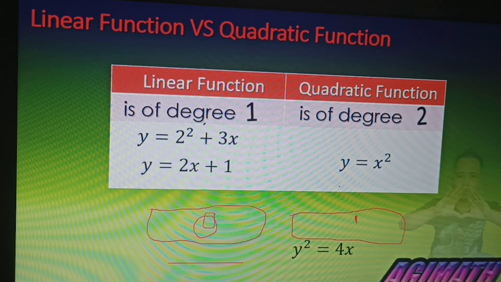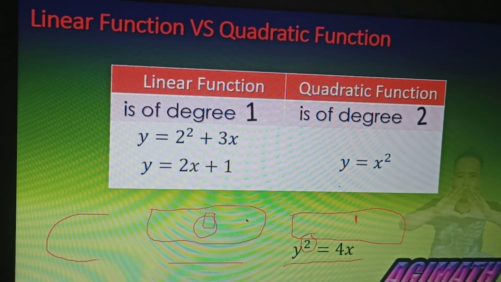How about this one? Y squared equals 4x. If you are following the video and listening carefully, I already mentioned earlier that the exponent 2 should not be on y, because if it's on y and we graph that, it will form a parabola opening sidewards, opening to the right.